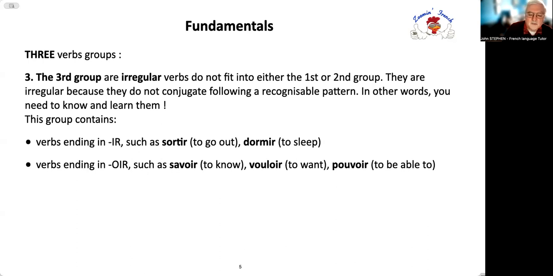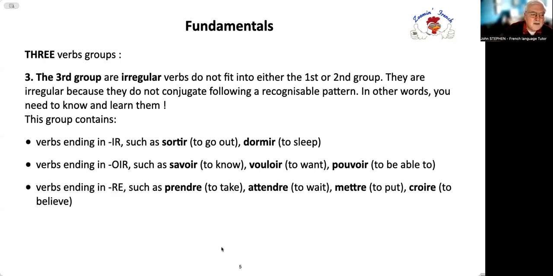I put those in brackets for you. And again, very, very common verbs there. I mean, to know, to want something, to be able to do something, like I can, same thing. You use the verb pouvoir, but it does not conjugate in a normal, regular fashion. Then you've got verbs ending in RE, such as prendre, meaning to take, attendre, meaning to wait, mettre, and croire, meaning to believe.